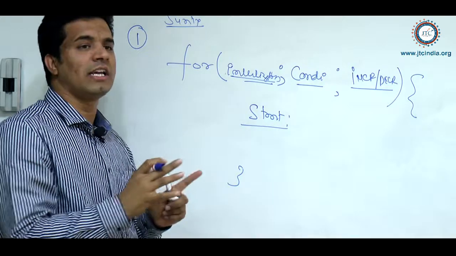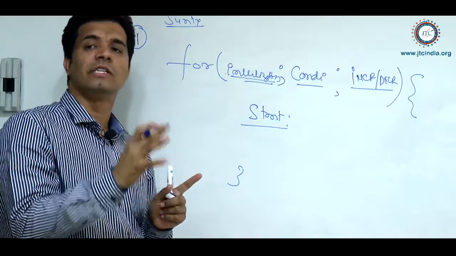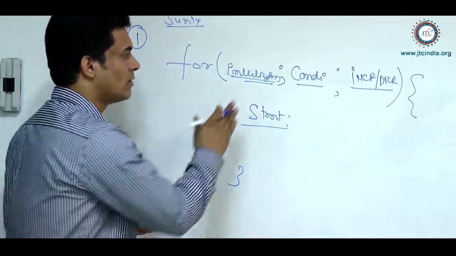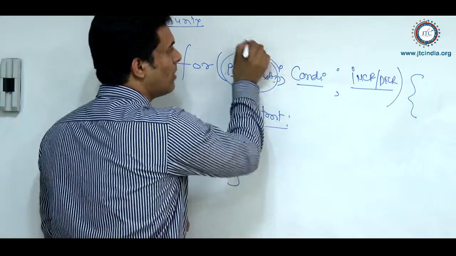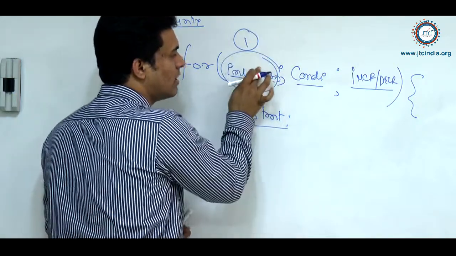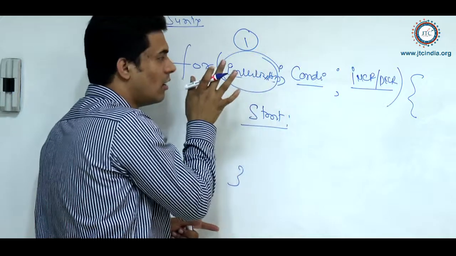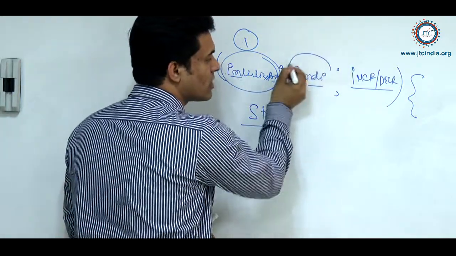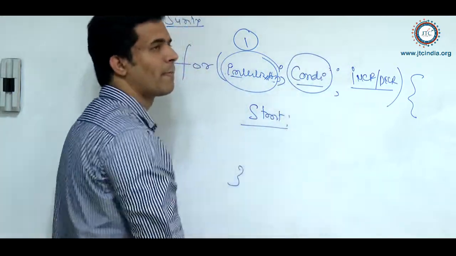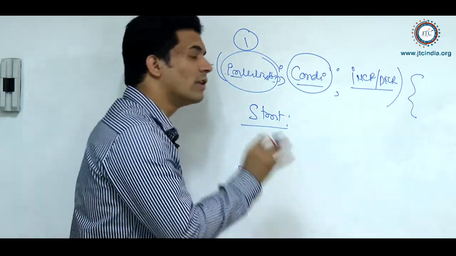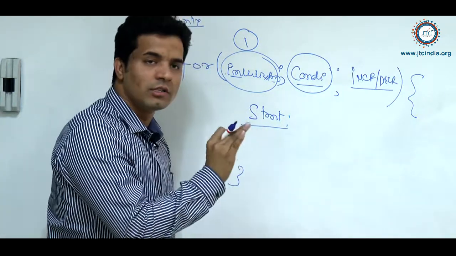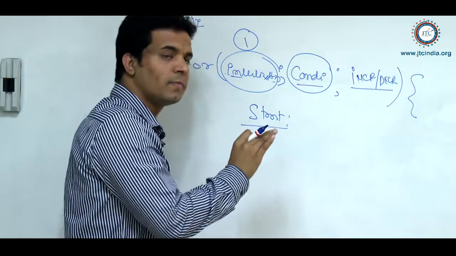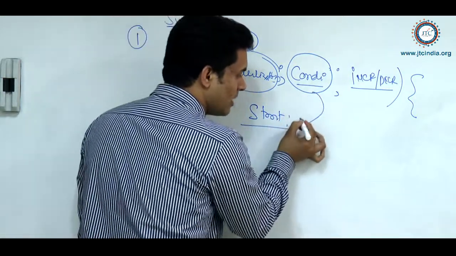Now, talking about the processing steps of a for loop, first the initialization will be done. After initialization, it is going to check the condition. If the condition returns true, then the statement is going to be processed.